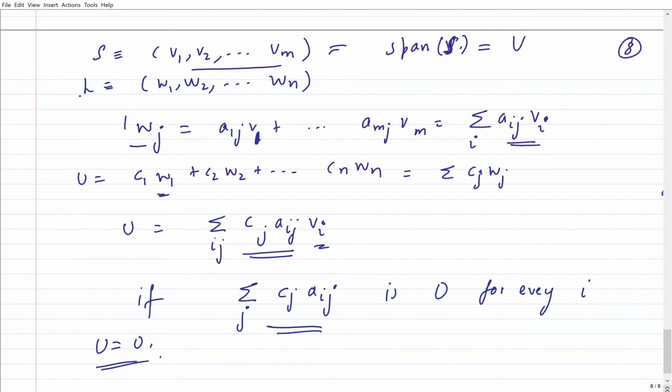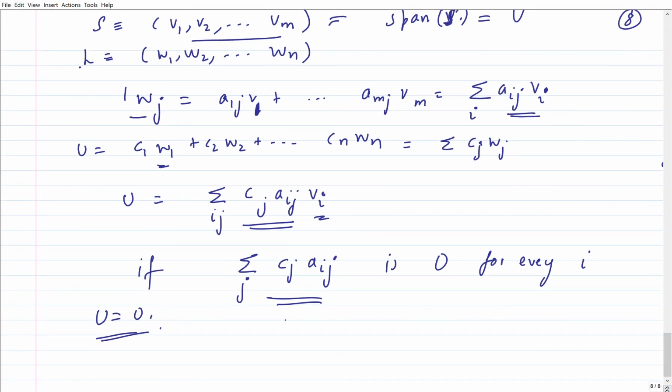So essentially, to find a linear relation among vectors of L, it suffices to solve this sort of an equation, and this is a system of m equations in n unknowns.